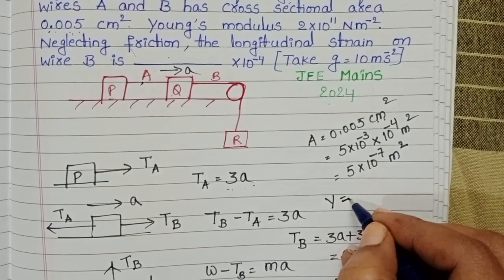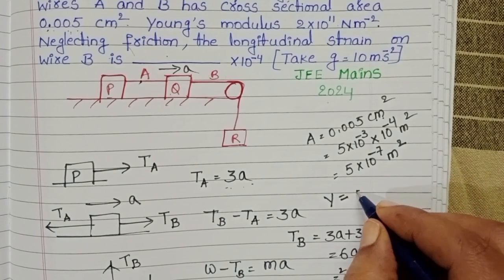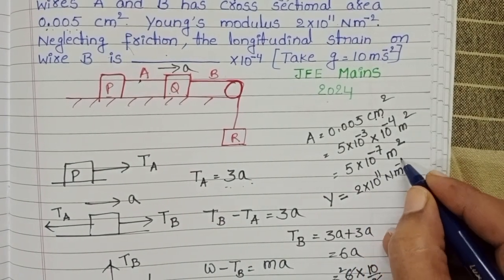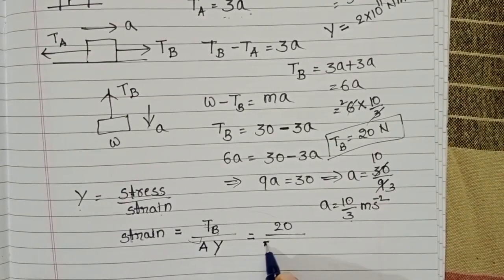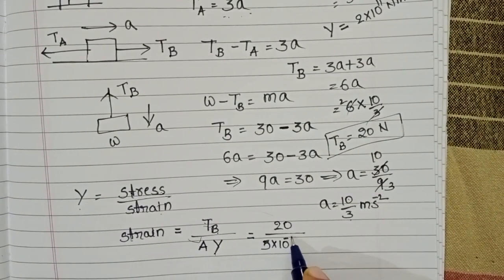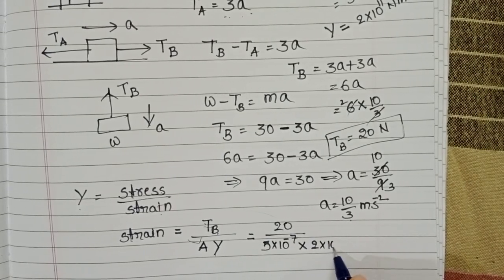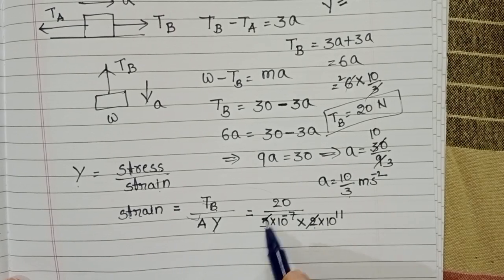And also we know Young's modulus is 2 into 10 power 11 Newton per meter square. Substitute these values. In place of area, 5 into 10 power minus 7. Young's modulus 2 into 10 power 11. 5 twos are 10.